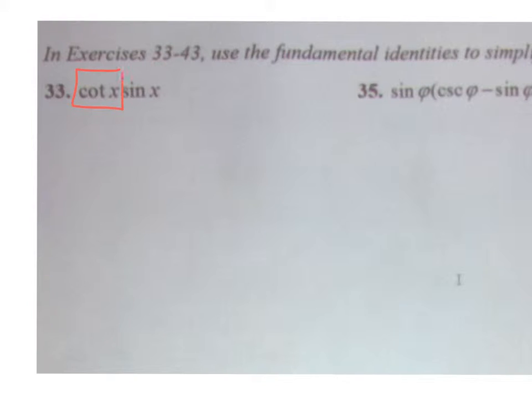So one strategy is to write everything in terms of sine and cosine. We use that one a lot when we're doing this trig simplification. So the cotangent, hopefully you know, is a ratio of the cosine of an angle to the sine of an angle. So we replace cotangent with cosine over sine, and we're still left with multiplying that thing by sine.